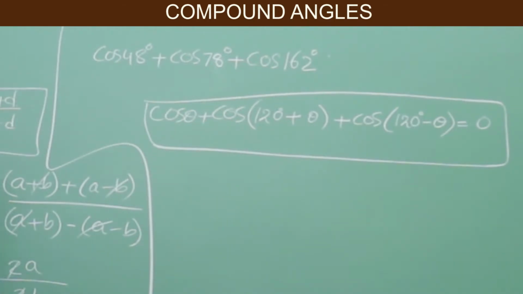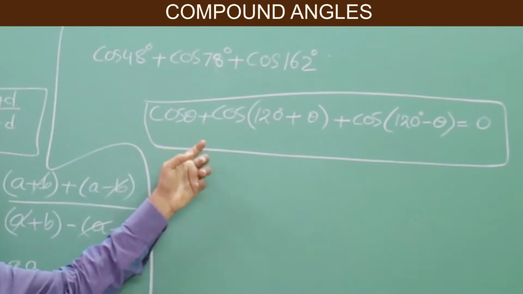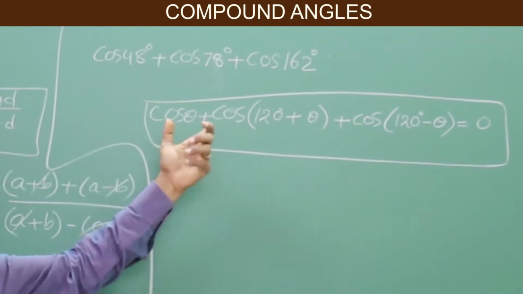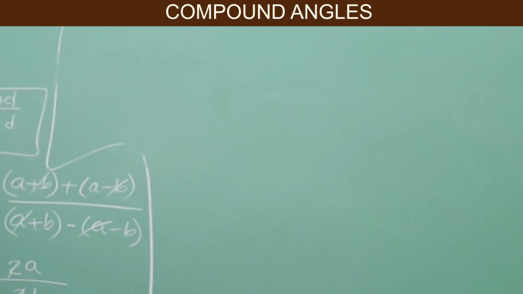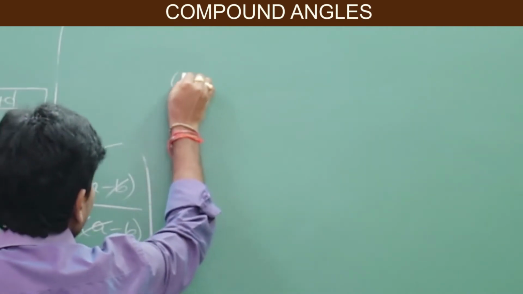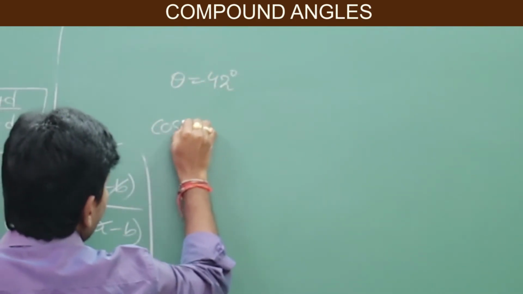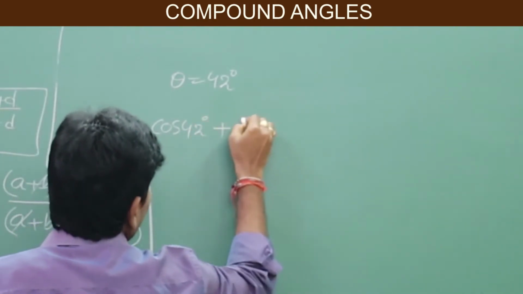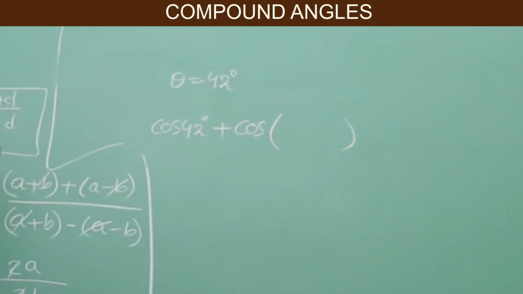Now my question is, can you express the given problem like this? See, 42 degrees, take it as θ. Now cos 42 degrees plus cos 78 degrees.